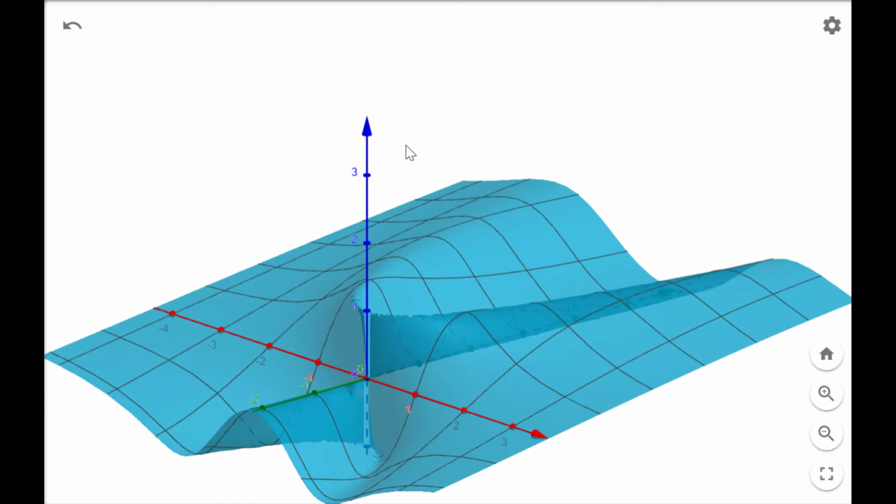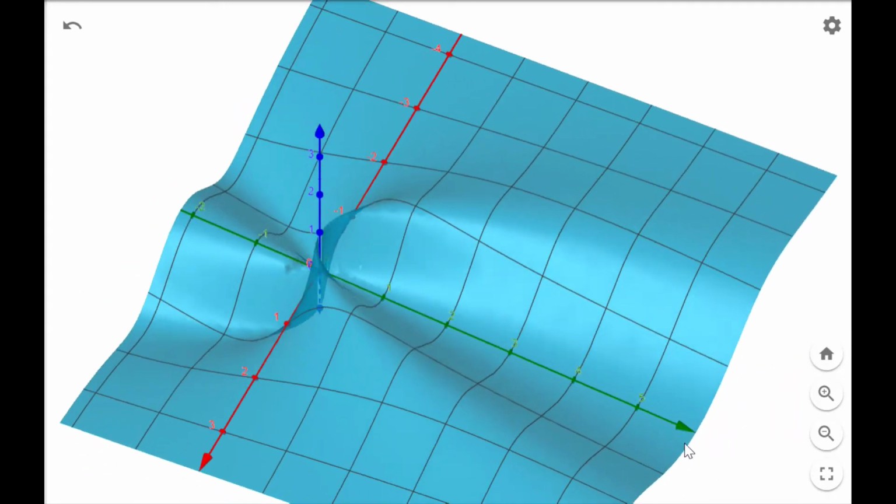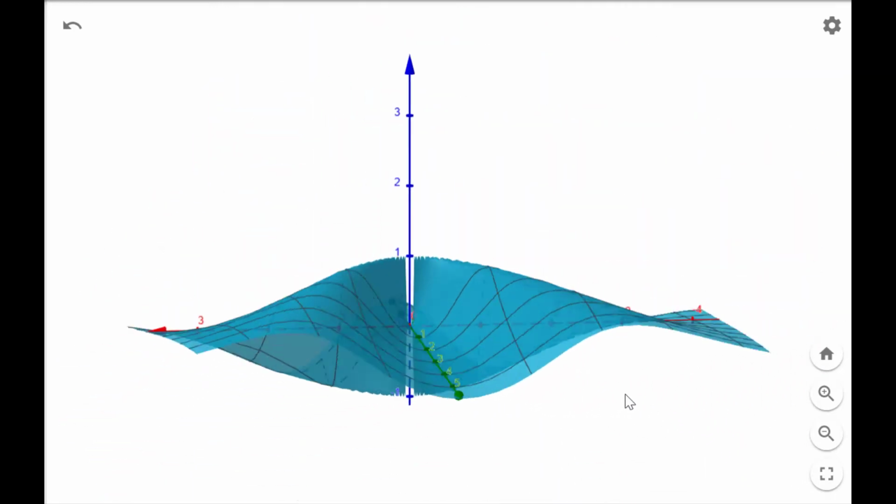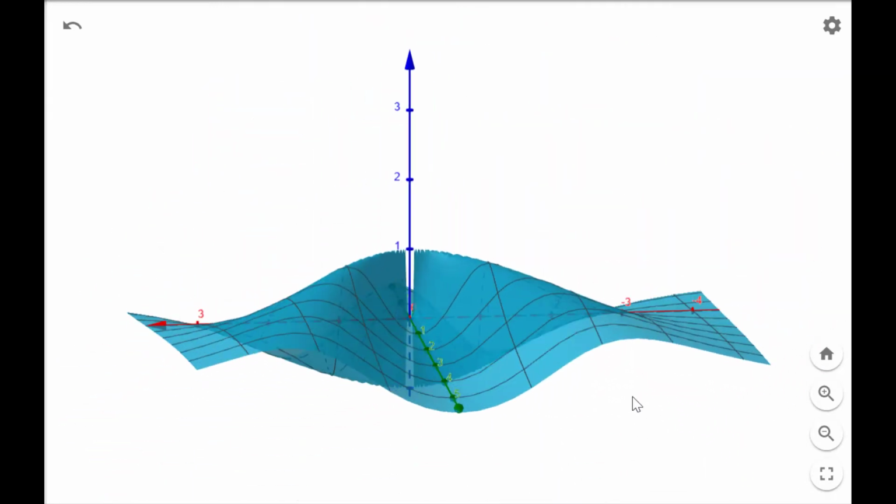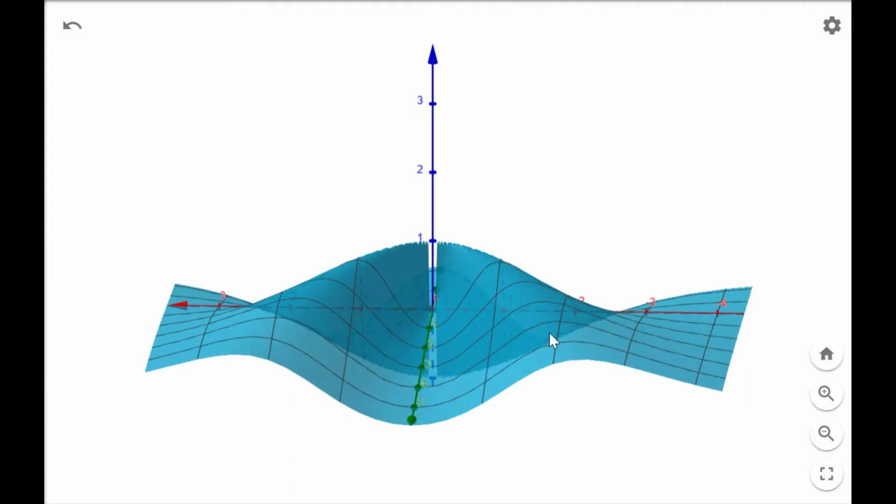Okay, so here's an example of a function where we would have two different paths of approach and the limit does not exist because of what happens. For example, consider approaching the origin, which is right down here, 0, 0, along different paths of this surface. So let's say I was trying to get to 0, 0 from over here. If you notice, this side of this function is going up toward 1.